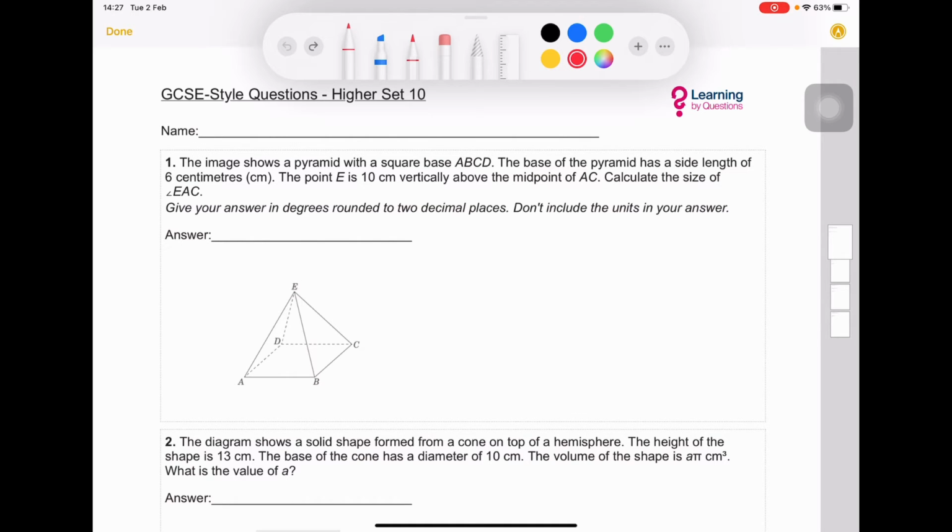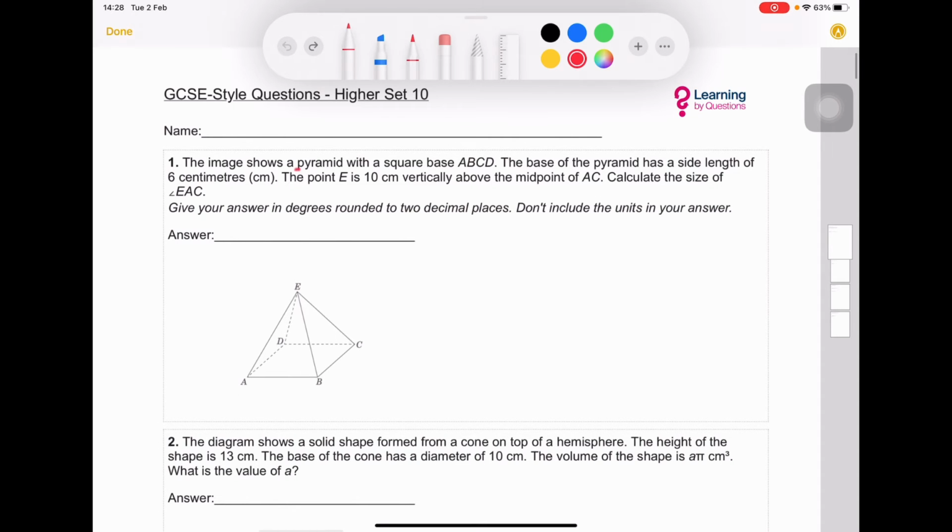The image shows a pyramid with square base ABCD. The base of the pyramid has a side length of 6 centimeters. So given that the base is a square, I can now say that this is 6, this is 6, 6, and this one here is 6 as well, 6 centimeters.